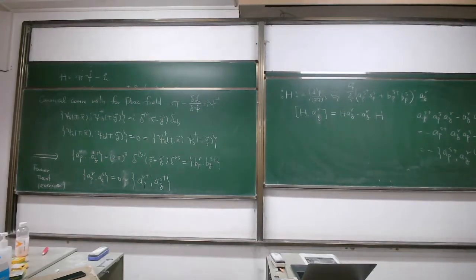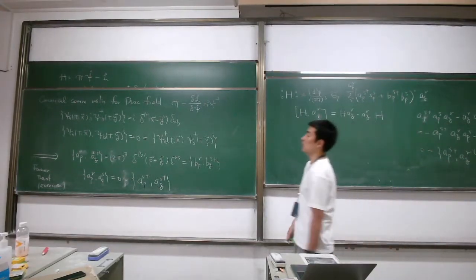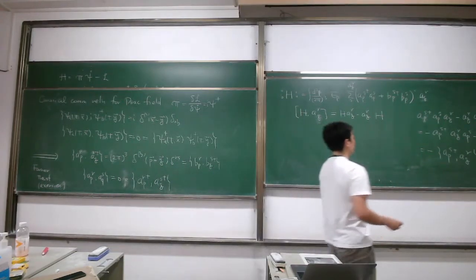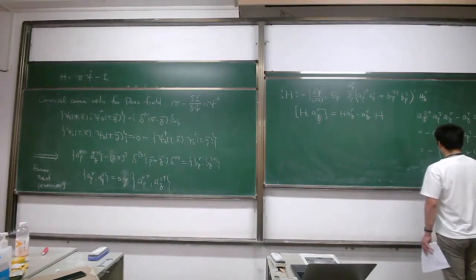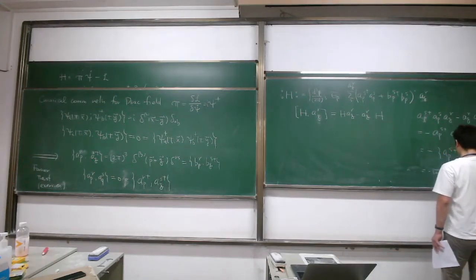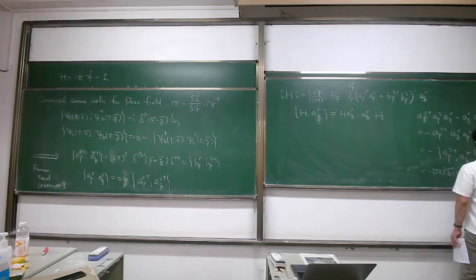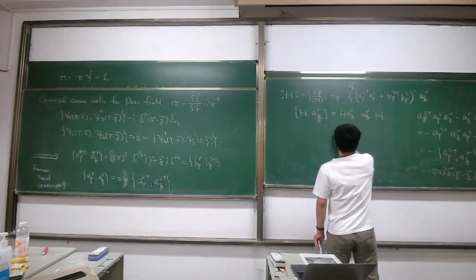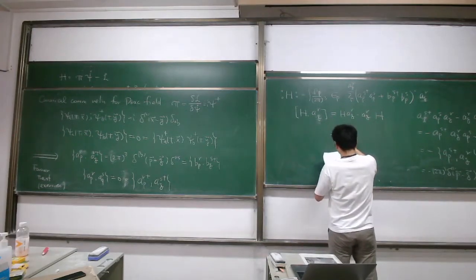Then you just impose this Fourier transform anti-commutation relation, and you get the 2 pi delta of Q. Like this way. Plug that one into here, and what you get is minus E_Q.